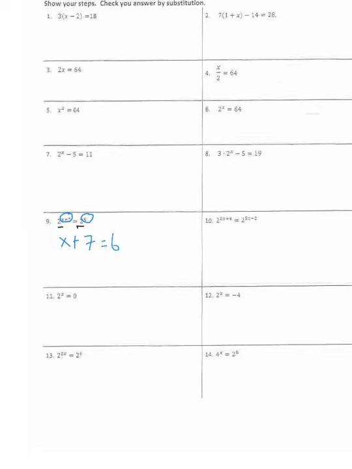And you can solve for x. So subtract 7 on both sides, and you get x equal to -1. What you can always do to see if you did the work correctly is substitute the value for x back into the equation to see if that is the answer.